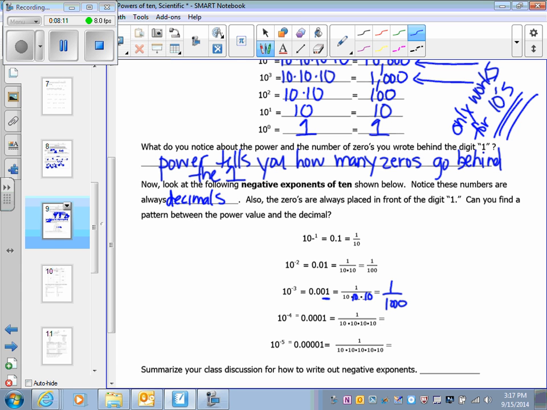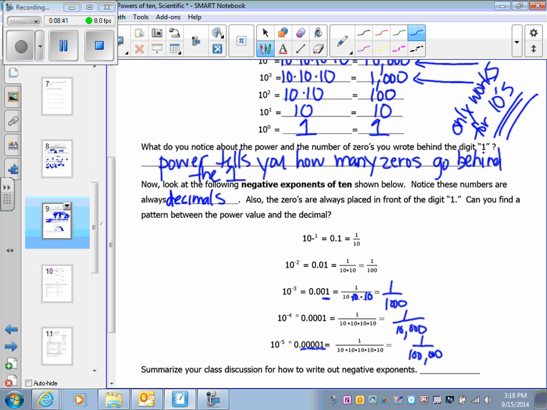10 to the negative 4th means 1 in the 10,000th place. So that's 10 times 10 times 10 times 10, which is 1 over 10,000. And 10 to the negative 5 is 1 in the 100,000th place. Tens, hundreds, thousands, 10,000s, 100,000s. That's why it is 10 times 10 times 10 times 10 times 10, which is the same as 1 over 100,000.